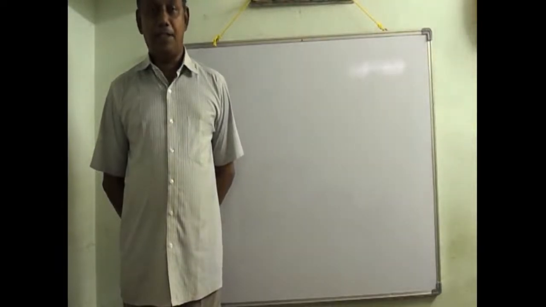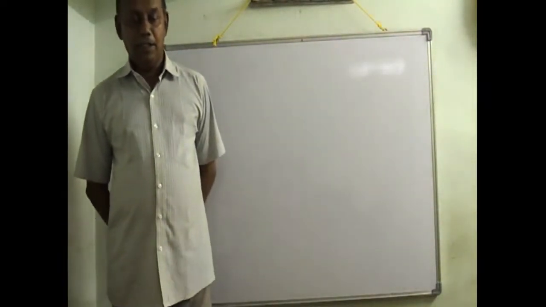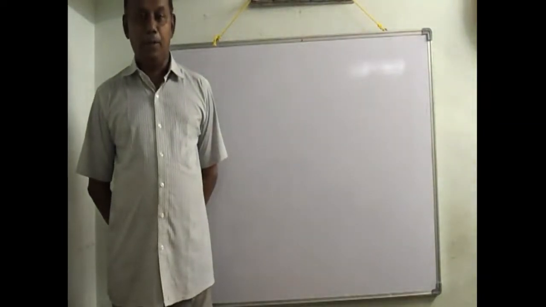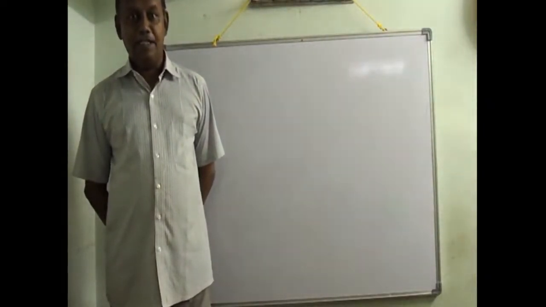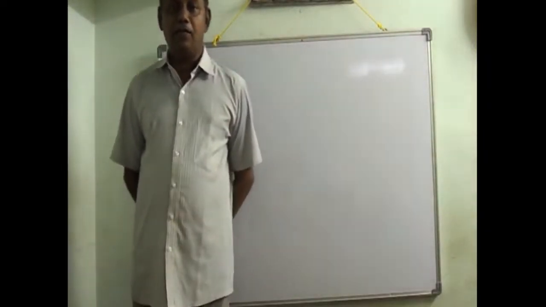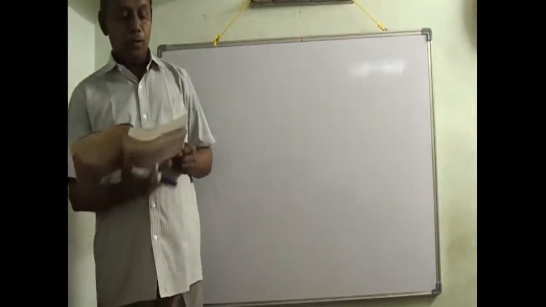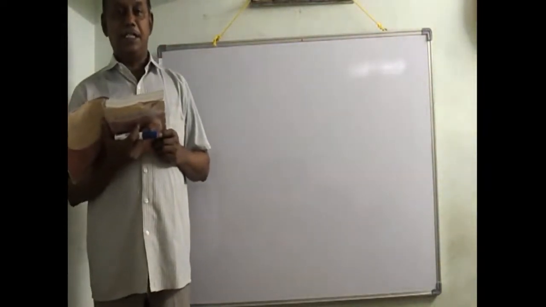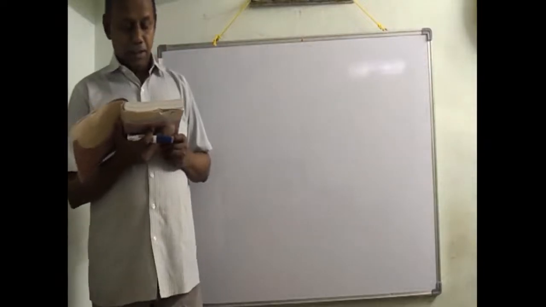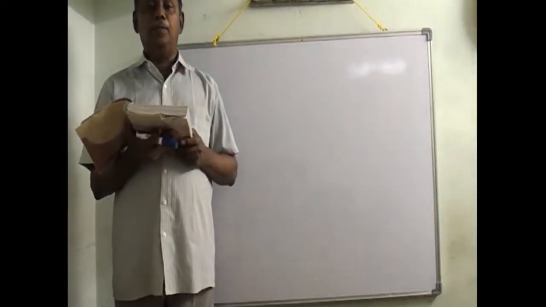As a part of our syllabus, we have to learn the scalar triple product, which is given in the supplementary material. Please take your second volume mathematics book and go to page number 616, chapter 10, scalar triple product.